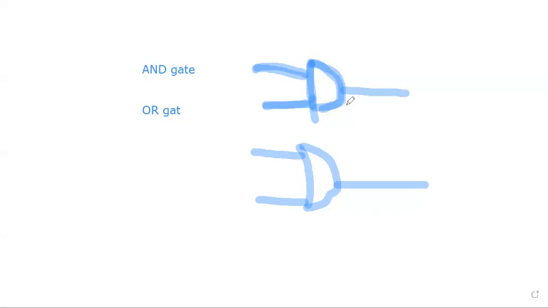In the case of the AND gate, for instance, if we have two zeros at the inputs, we will have a 0 at the output. The same for the OR logic. If we have two zeros at the inputs, we will have a 0 at the output.